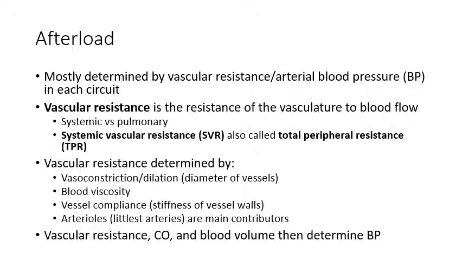So it's kind of tricky. If vascular resistance goes up, blood pressure is going to go up. If blood pressure goes up, vascular resistance will go up. All of these things are increasing afterload, but then afterload, if that goes up, that decreases cardiac output, and if cardiac output goes down, then blood pressure goes down. So it's a really complicated system, actually.